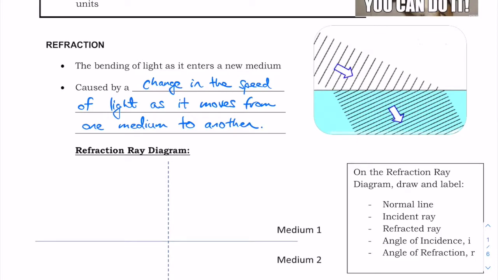And whenever we say the word medium, we pretty much mean material. So for example, a medium could be air, it could be water, it could be glass. It's the material that light is traveling through. Okay, and we'll sketch this in the picture below to make sense of what's happening.